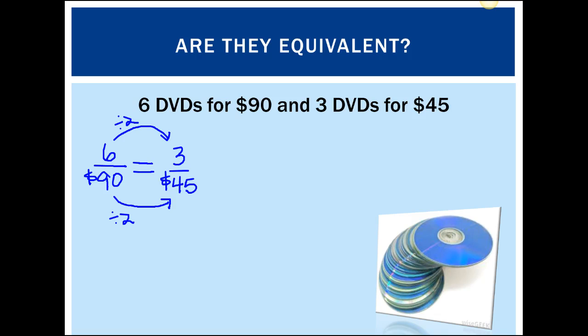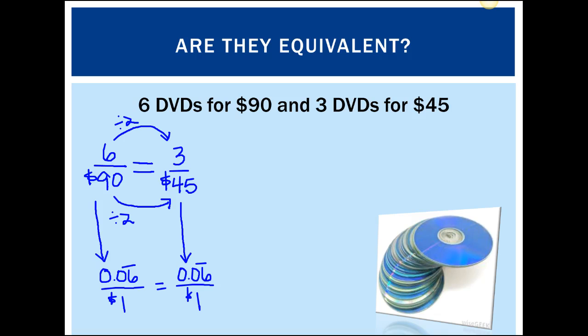You could also use the unit rate here and divide 6 DVDs by $90 and learn that you can get 6/100ths repeating of a DVD for $1. And if you divide 3 by 45, you will also get 6/100ths repeating of a DVD for $1. But that's pretty awkward. We usually wouldn't say how much we get for $1, so you can flip the ratios.